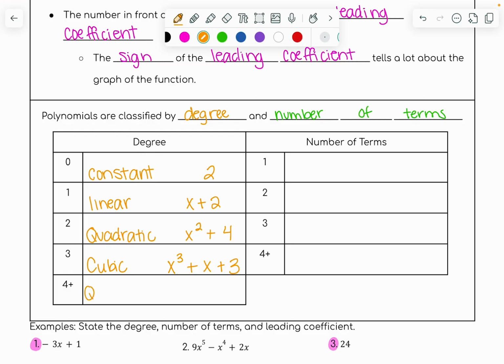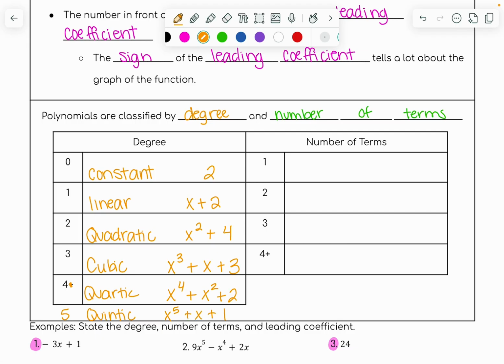Then we have a quartic, which would be an exponent to the 4th power. And lastly, we kind of stop at 5, and this is called a quintic polynomial. It has a quintic degree. So it has an exponent of 5.